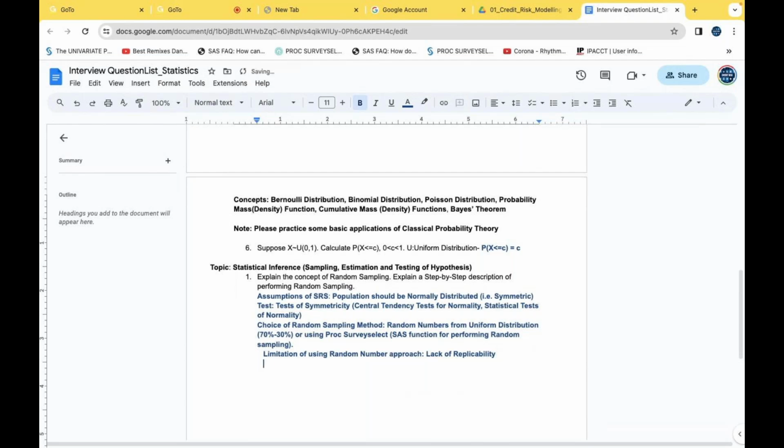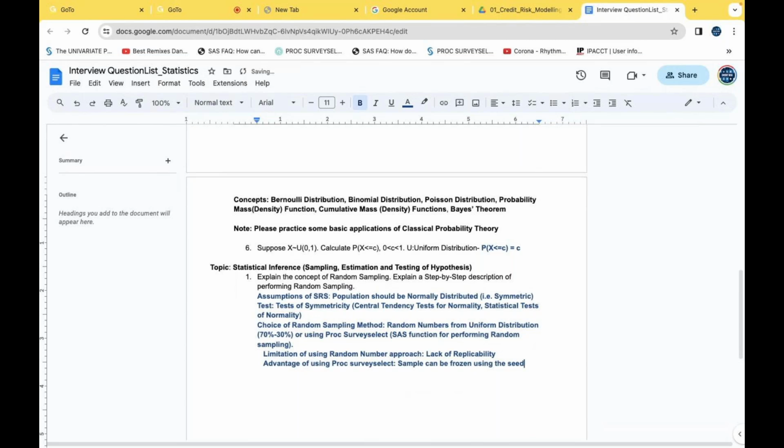So the advantage of using the PROC SURVEYSELECT approach is that the sample can be frozen using the seed function.